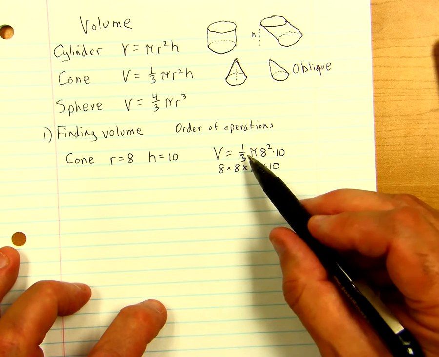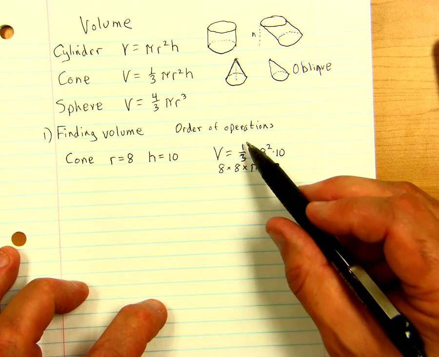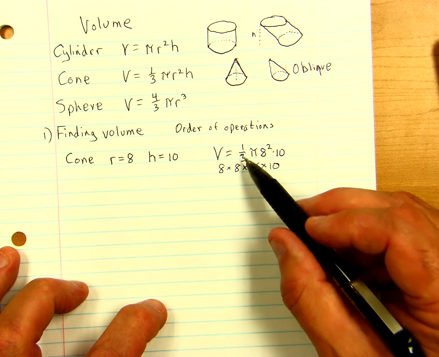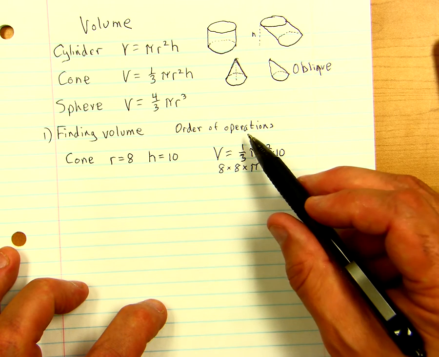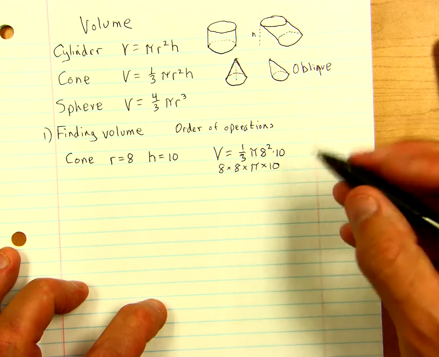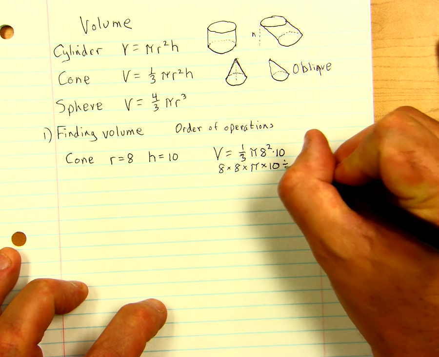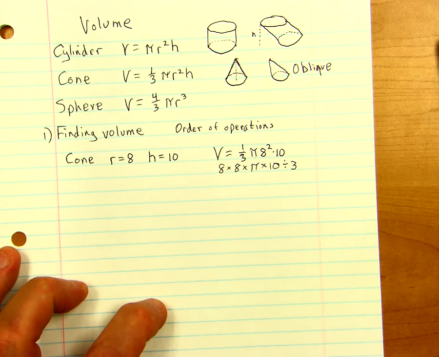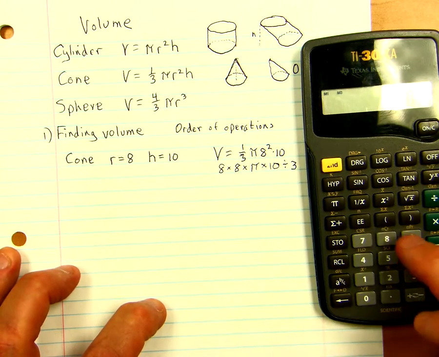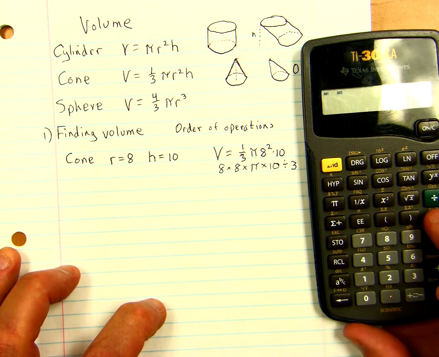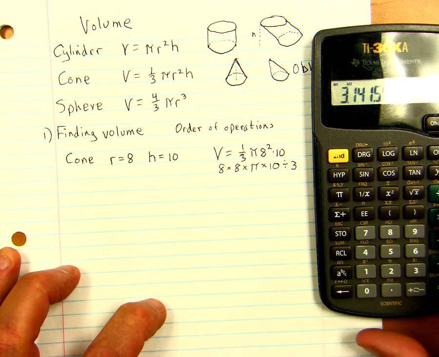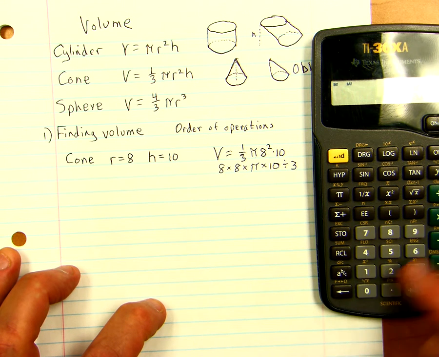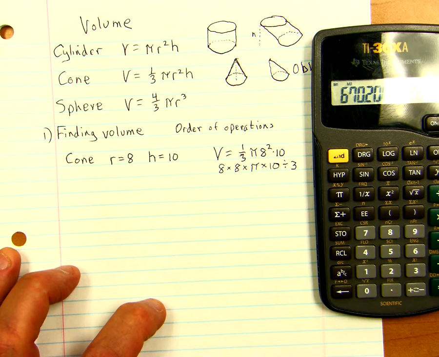Now, what do I do with the 1/3? Since it's 1/3 times, I flip it over and multiply, right? Keep, change, flip. It's really divided by 3. So literally, I go 8 times 8 times pi, I'll hit the pi button, times 10 divided by 3.